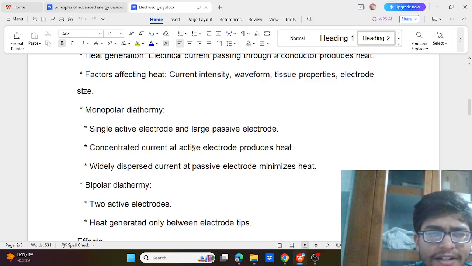The concentrated current at the active electrode produces heat, and then it is widely dispersed at the passive electrode, which minimizes the heat.